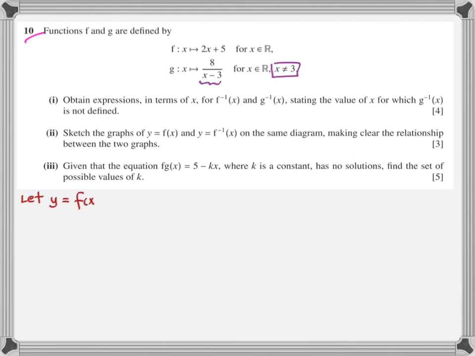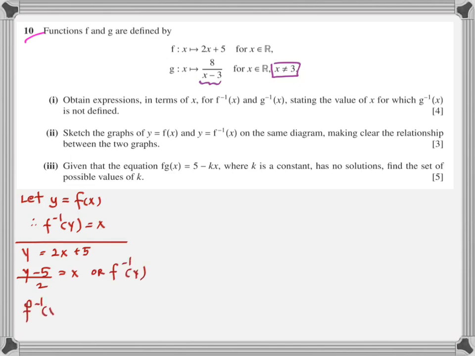Let y equal f of x, therefore f inverse y equals x. Therefore, y equals the straight line function. Make x the subject, but x is equal to what? F inverse y. We have a habit of writing everything in terms of x, so f inverse x is such and such.